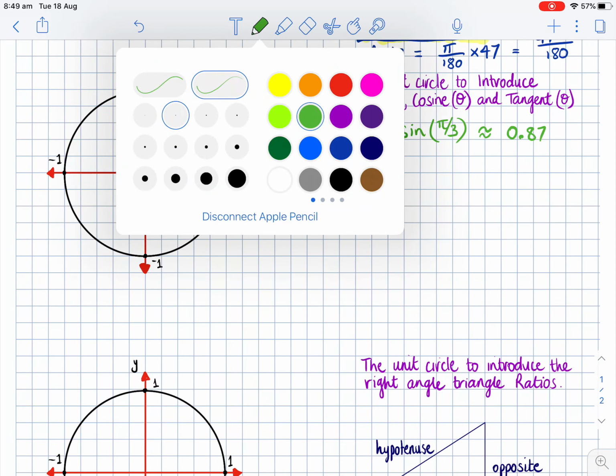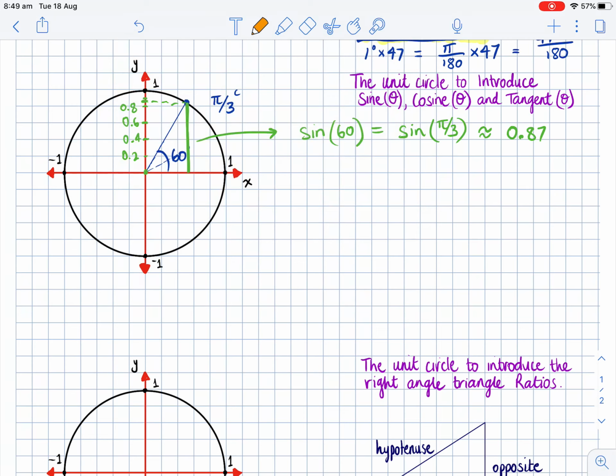So then let's go to the cosine value. Let's see if I can get it as close this time. So the cosine value is the horizontal distance. And again, this is 0.2. This is 0.4. So that on my diagram is just a smidge bigger than 0.5.